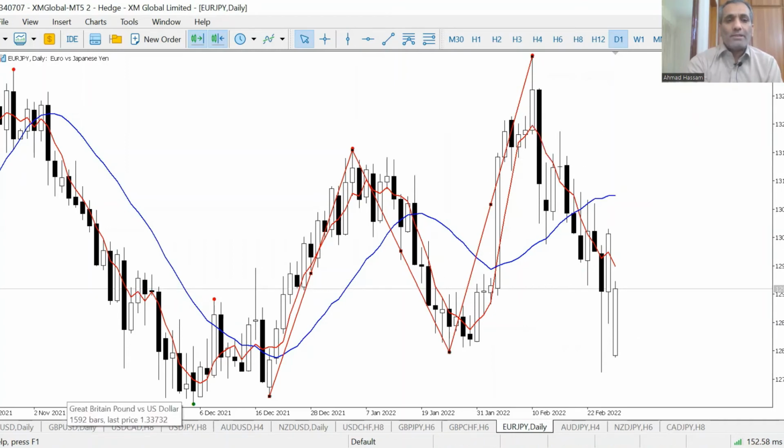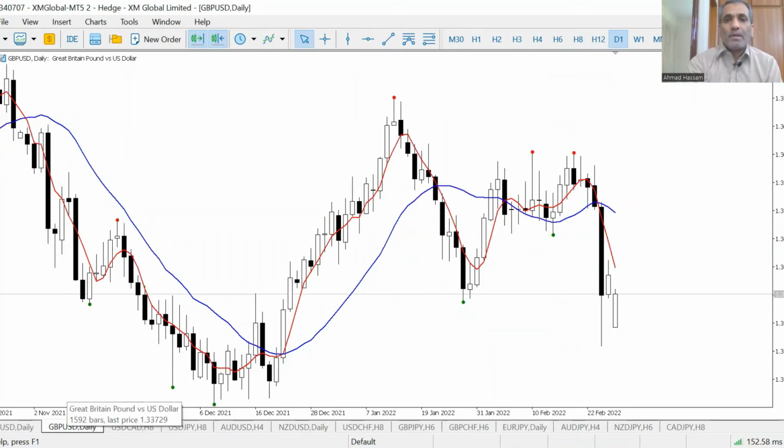In the same way, let's see a good reversal pattern forming. AB leg, on the daily pound dollar chart. This is the daily pound dollar chart. BC leg, retracement.